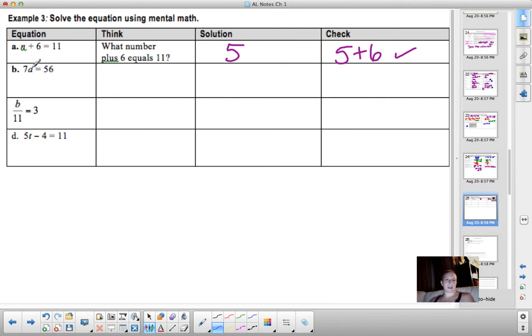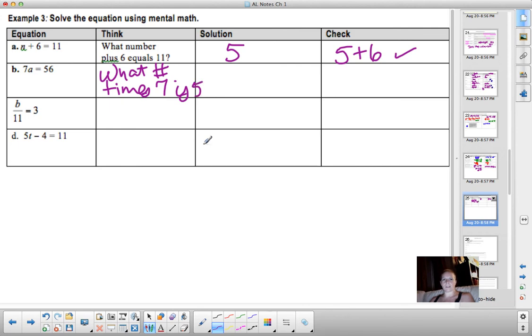Something times A equals 56. I think you can finish these. I'm going to talk all the way through them, but skip to the end if you think you're comfortable. So when we're thinking, what number times 7 is 56?